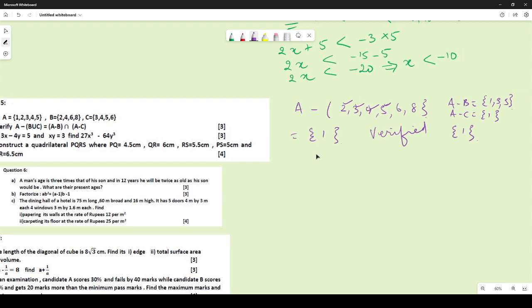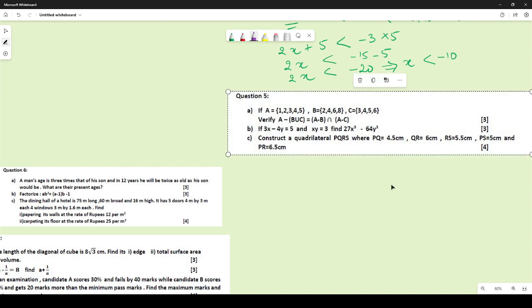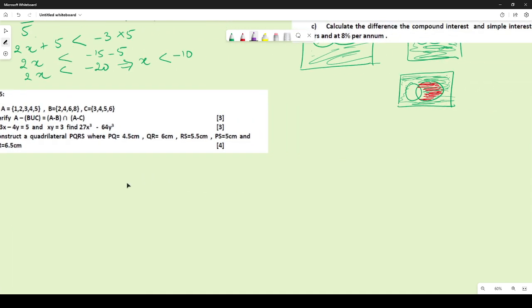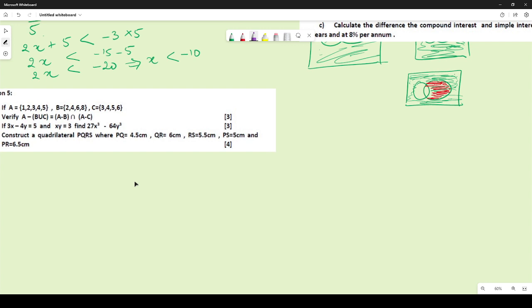Now, let us take up this question where 3x minus 4y is equal to 5 and xy is equal to 3.